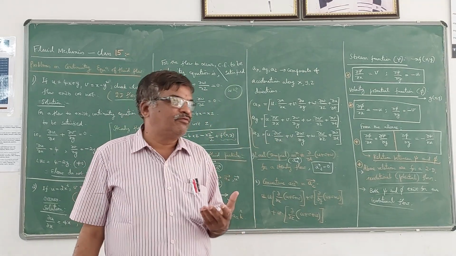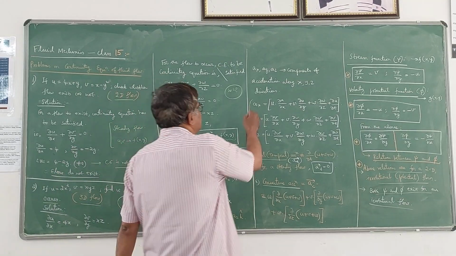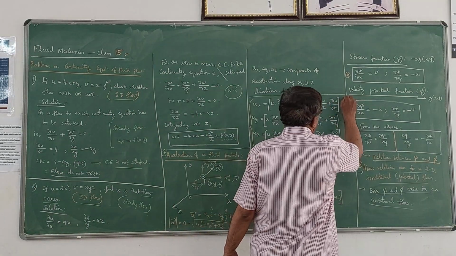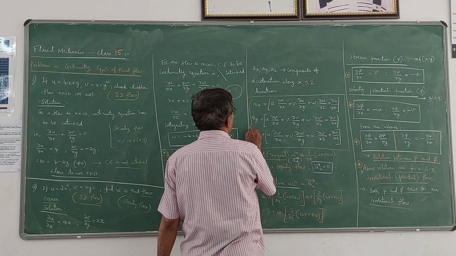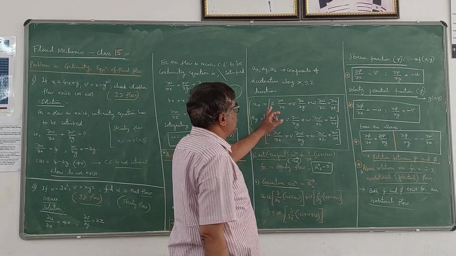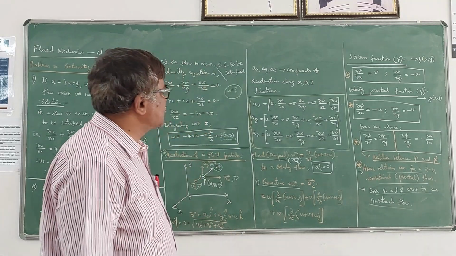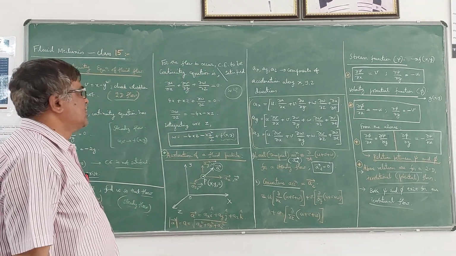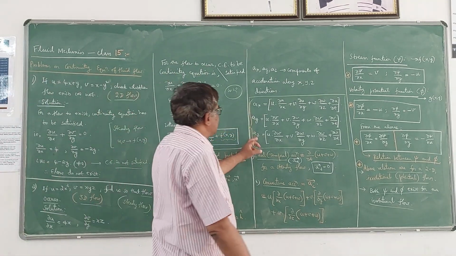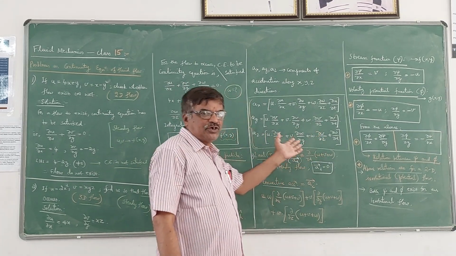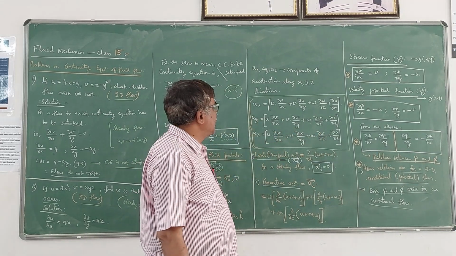They can be found out using these expressions. So these expressions are very important. Acceleration components can be found out using these expressions by knowing the velocity functions. So by knowing u, v, w as functions of x, y, z, we can find out ax, ay, az. It is very easy to remember these three expressions.